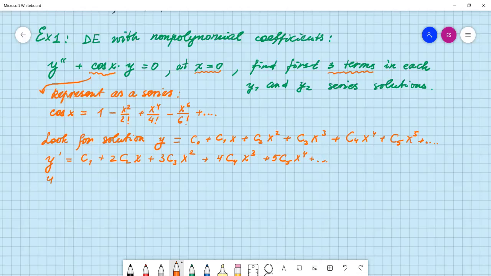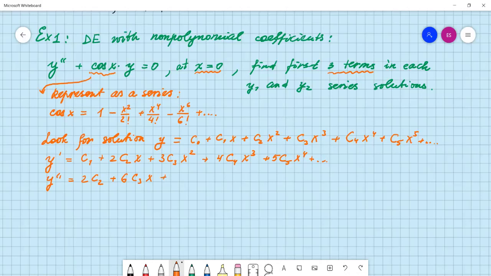And the second derivative, C1 is going to disappear. Right here, we are going to have 2C2, and there is no x, plus, well, if I differentiate x squared, it's going to give me 2x. So I'm going to have 6C3x. Again, I'm multiplying everything because I'm not planning to get a general solution. So I just need numbers and the coefficients.